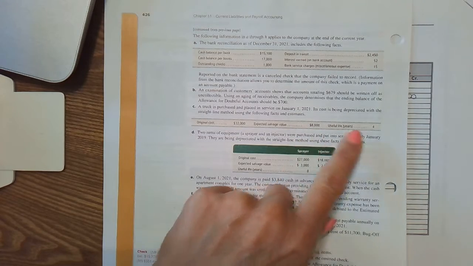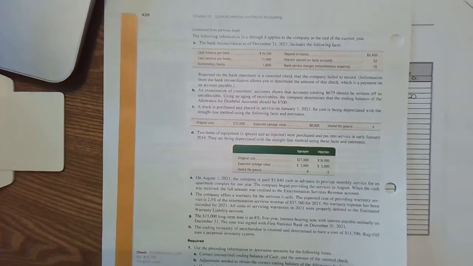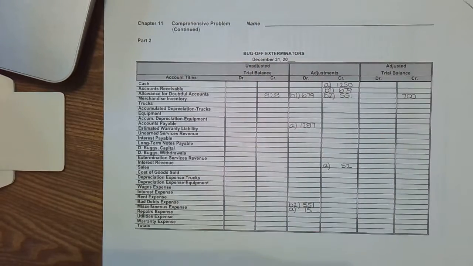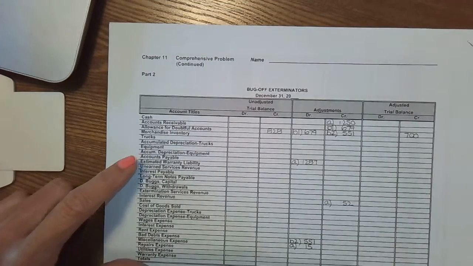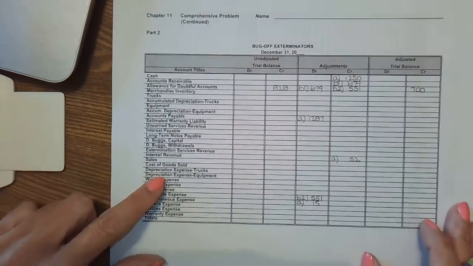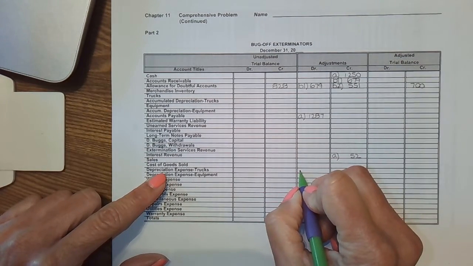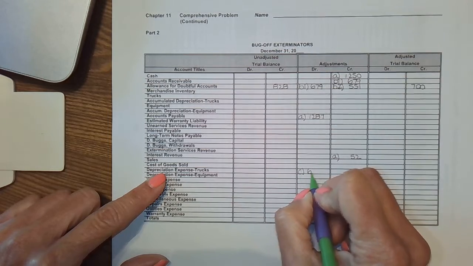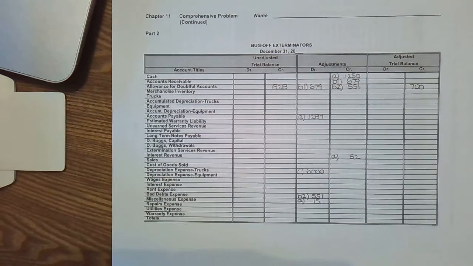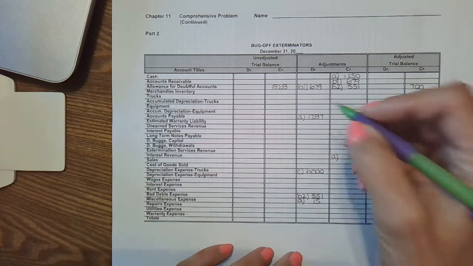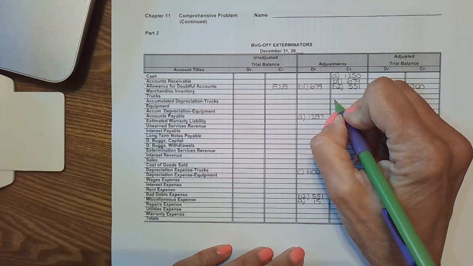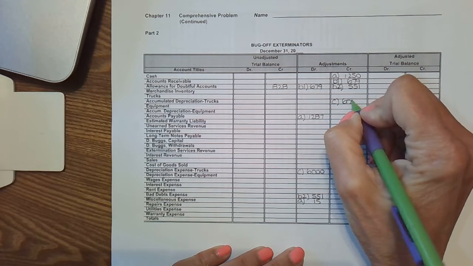We divide it by its useful life of 4 years, so that's going to be $6,000 for our annual depreciation. So we're going to go to our depreciation expense for our truck. That will be our adjustments debit, letter C, and $6,000. And then we will go to our accumulated depreciation for the truck, credit, letter C, and $6,000.